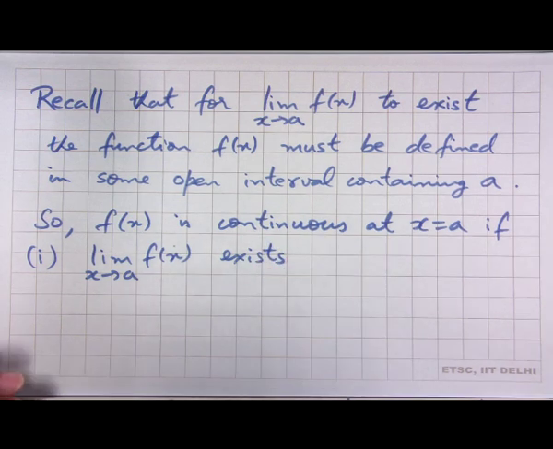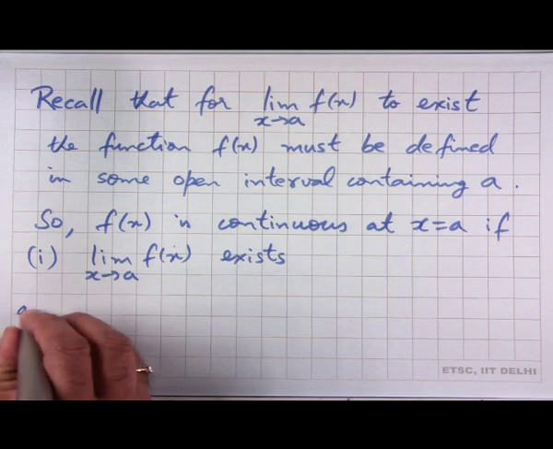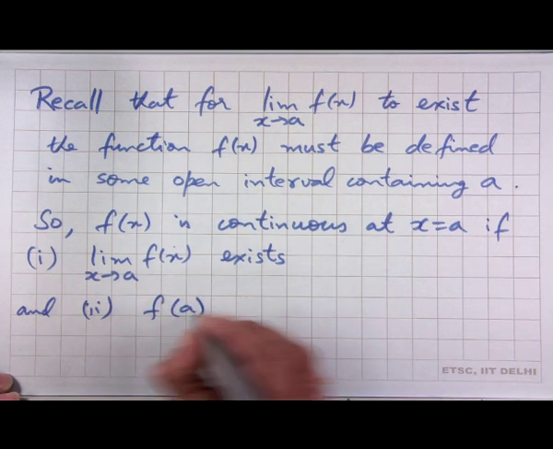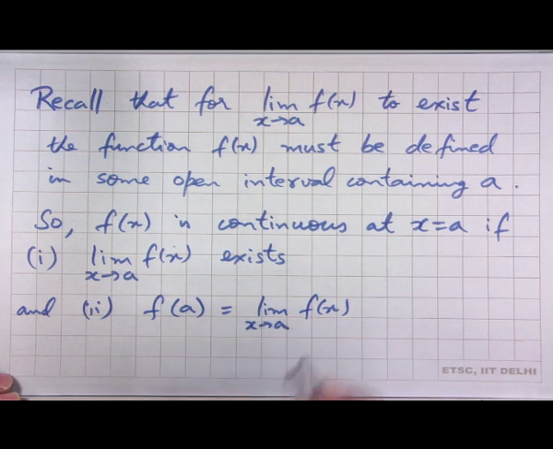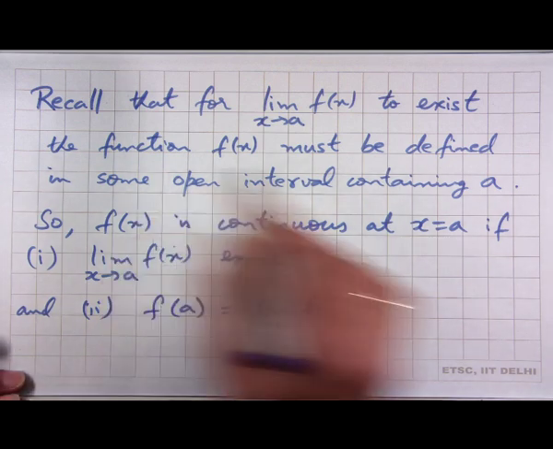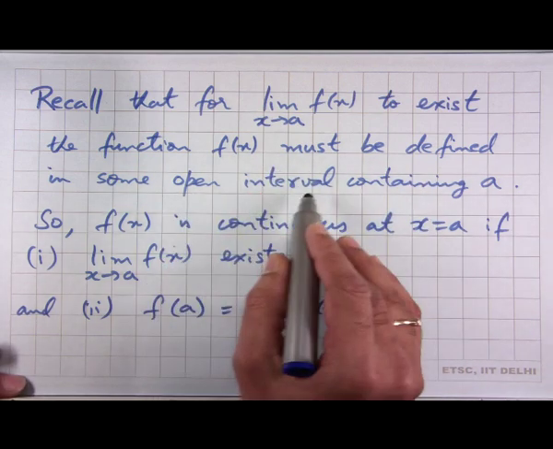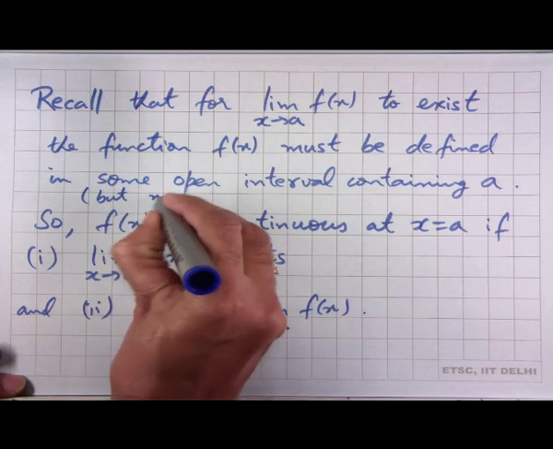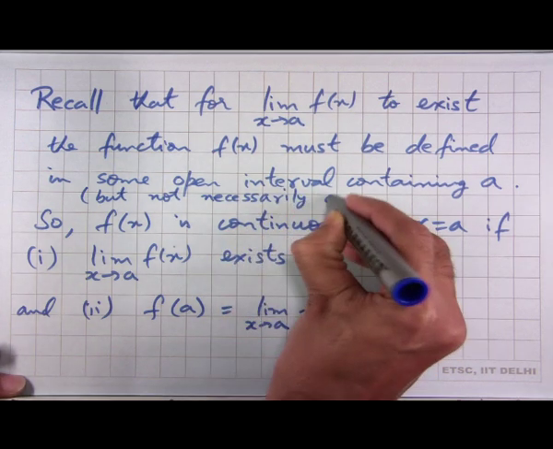And second, f of A must be equal to the limit of f of x as x approaches A. Let me say here that for the limit to exist, we want the function to be defined in some interval containing a, but not necessarily at x equal to a.